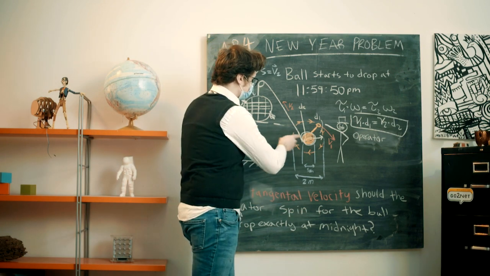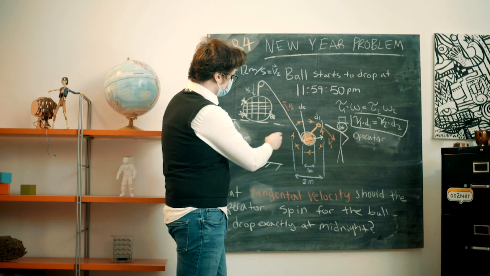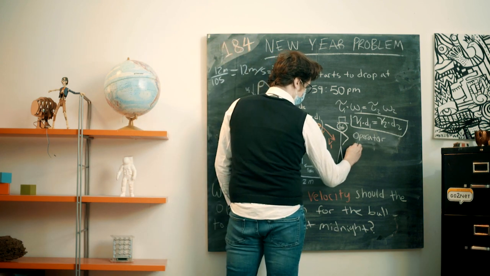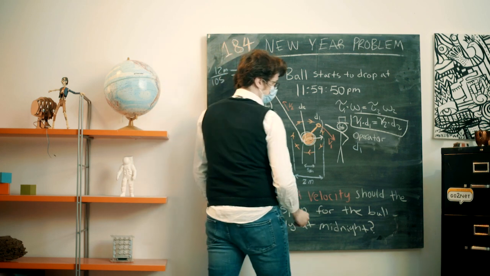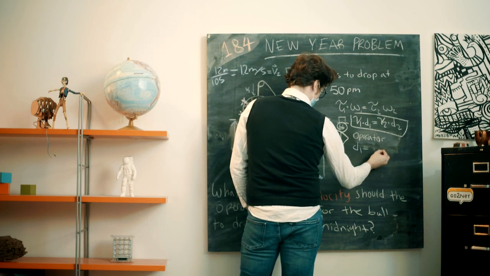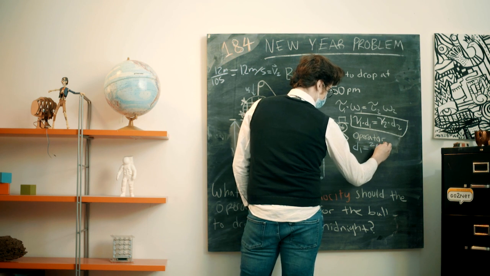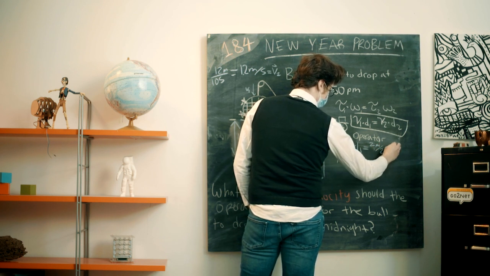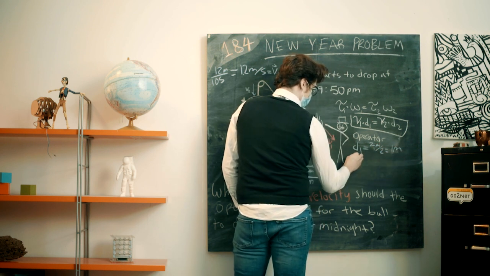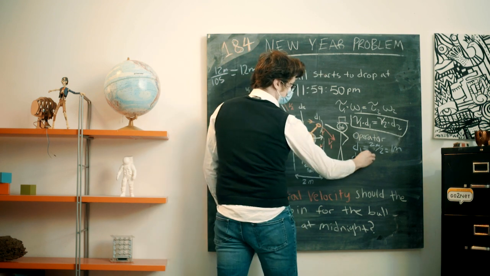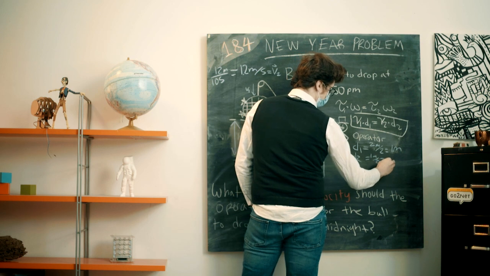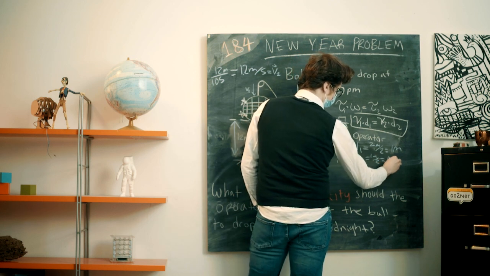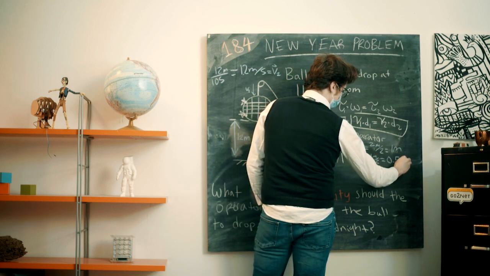It's the radius for these two circles. Okay, so D1 is going to equal a half of this 2 meters. It's going to equal 2 meters over 2, which is just 1 meter. And D2, similarly, is going to equal 1 meter over 2, right? Which is going to equal 0.5 meters.